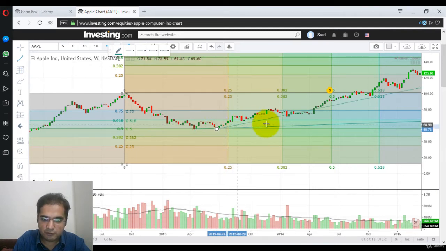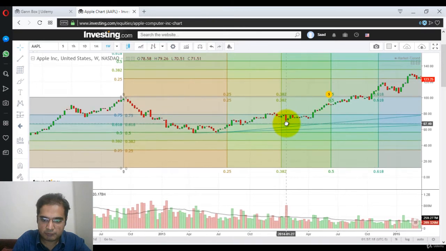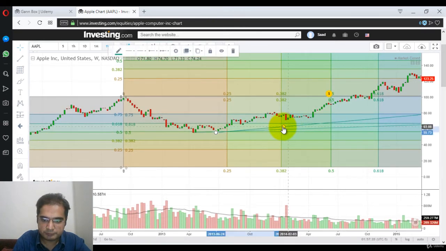The second is from this low. Wait a minute. Now this low and this low is attached. So it's showing you a complete uptrend.